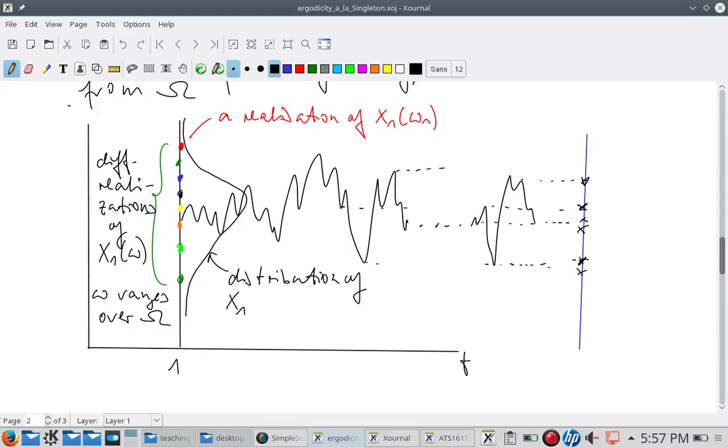I'm taking all these time series observations that I get, and I'm collecting them on this axis.